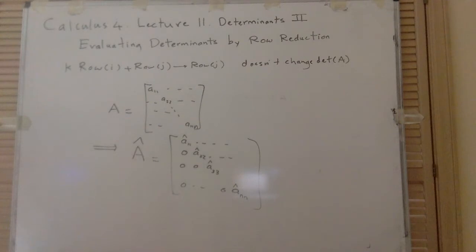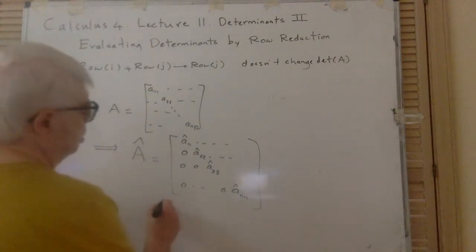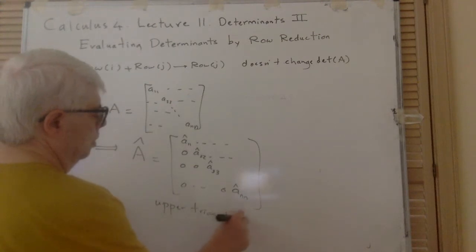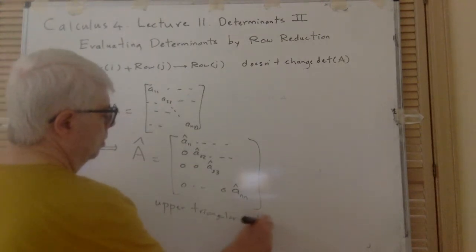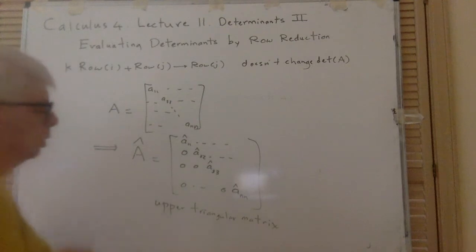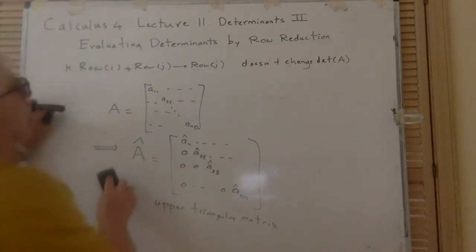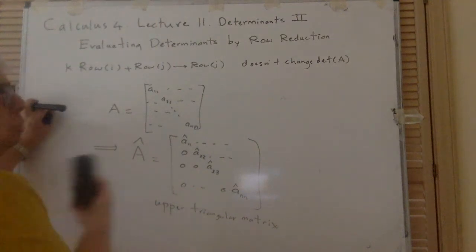So the question is, what is the determinant of an upper triangular matrix? Well, let's find it for a 3 by 3 matrix.